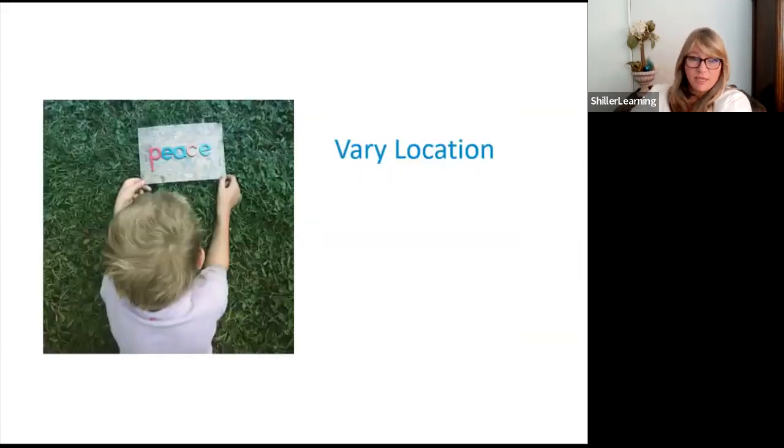And then something else that you can do, not just with the movable alphabet, but all of your education, is to vary the location. Studies show that deeper learning takes place when the study location varies in time of day, the duration, the place, the environment, the lighting, all of those environmental changes, the environmental variety.